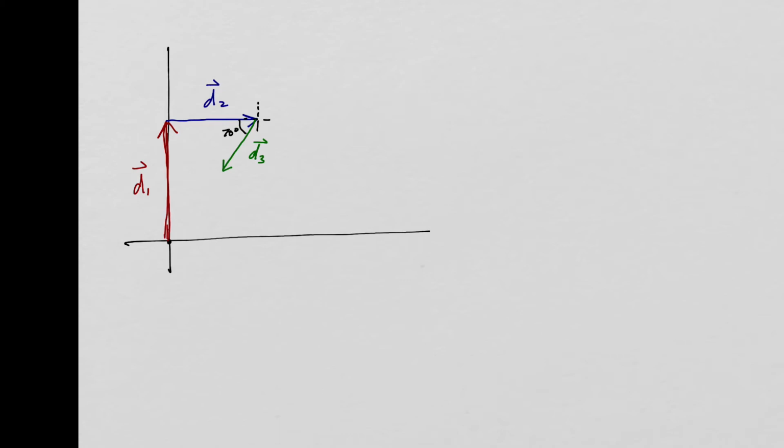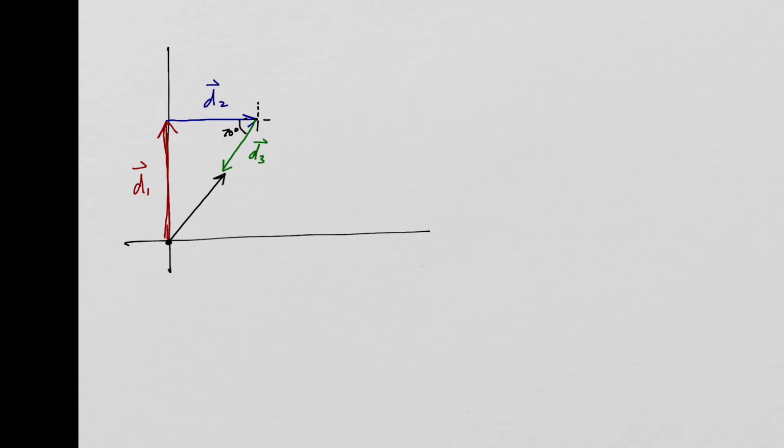And then what is their total displacement? Well, the total displacement would be from the tail of the first vector, so from the tail of D1, meaning from the origin, to the tip of the last vector, to the final position that they end up in. So in this case, this would be the vector that I'm looking for.